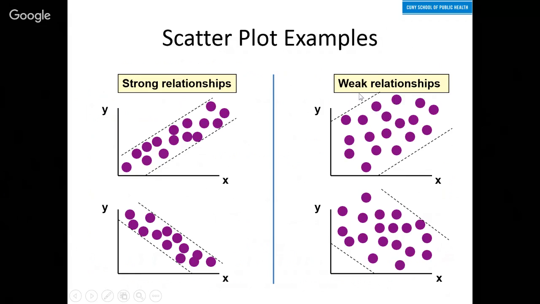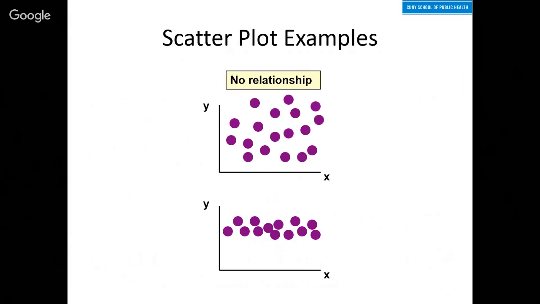On the right, assuming that the scales are the same here, there's about the same amount of variability in Y, but it looks like not as much of it is related to variation in X. Still some of it, but not as much. These are a couple examples of what no relationship looks like.